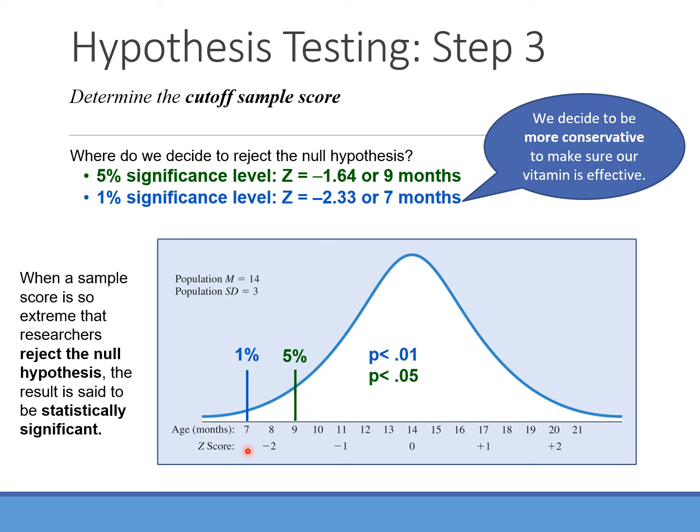We want to make sure our vitamin is effective at helping babies learn to walk earlier. This is a safe vitamin that's already been determined, but we want to see if it helps babies walk earlier. So we're going to test it at 1%, which is 7 months. So our cutoff sample score is a z-score of negative 2.33, or the significance level of 1%, or P less than 0.01. Okay, so that's our step 3.